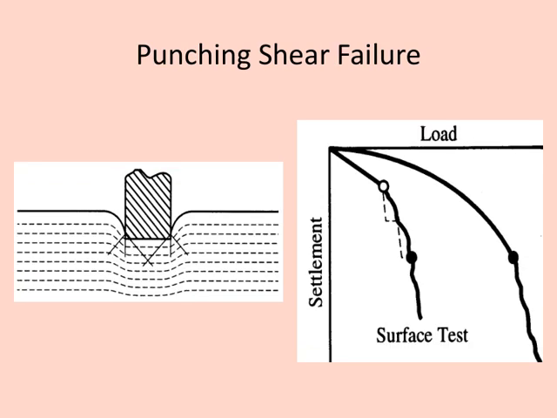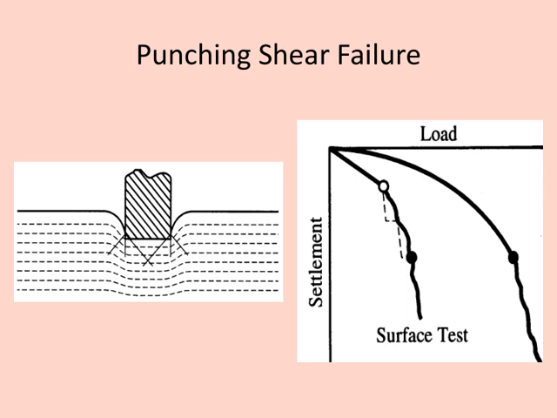Today, we're going to discuss punching shear failure, which is a critical concept in understanding the limits of reinforced concrete slabs. Punching shear occurs when a concentrated load, like a column or a pile, applies a force that causes a localized failure around the support. Essentially, instead of the entire slab cracking gradually, a small, circular or elliptical failure zone forms around the load, and the slab essentially punches through, leading to sudden failure.